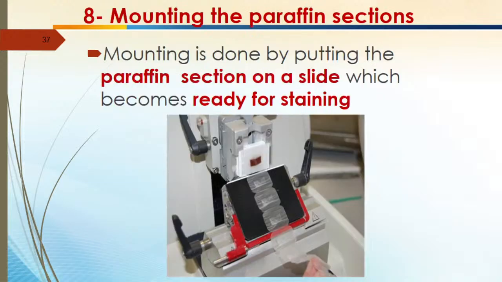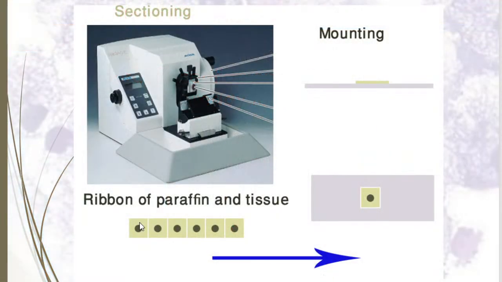As a result, we have the paraffin section for mounting. Mounting is done by putting the paraffin section on a slide, which becomes ready for staining. Look, this is a paraffin ribbon with a tissue. This ribbon is put into a water bath, which is not very cold and not very hot, around 30 degrees.